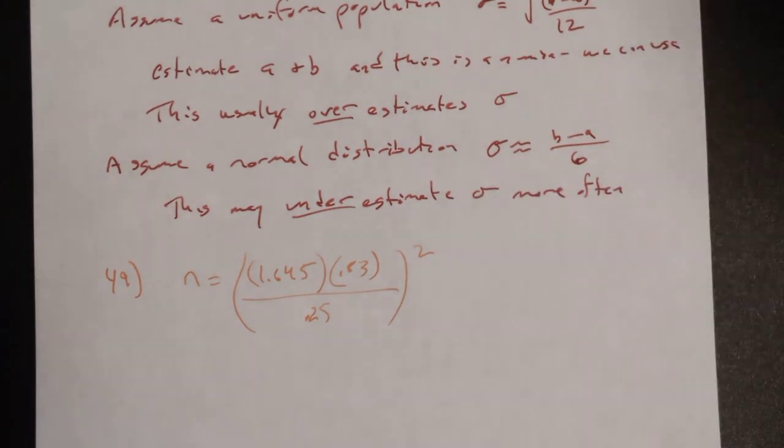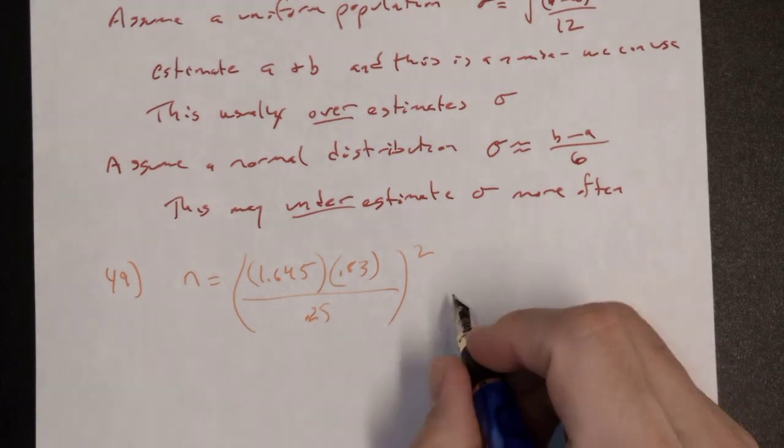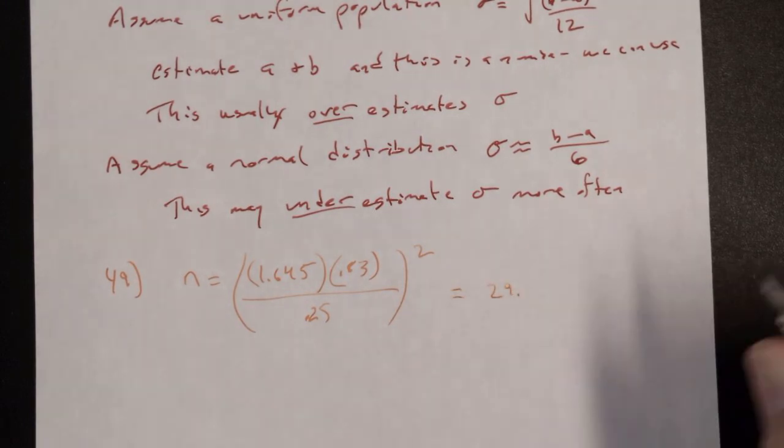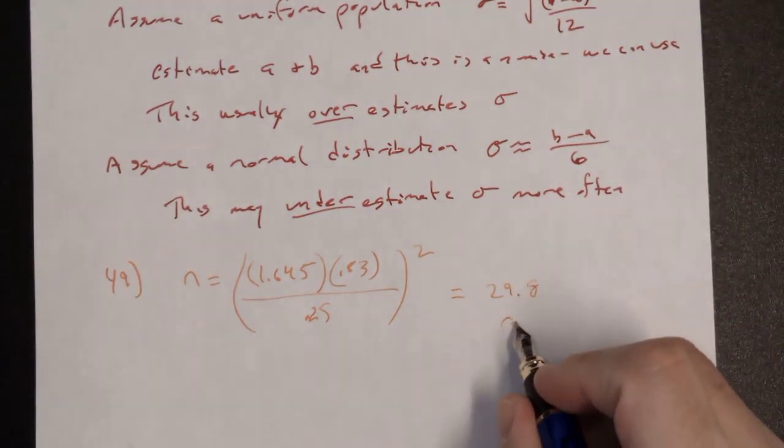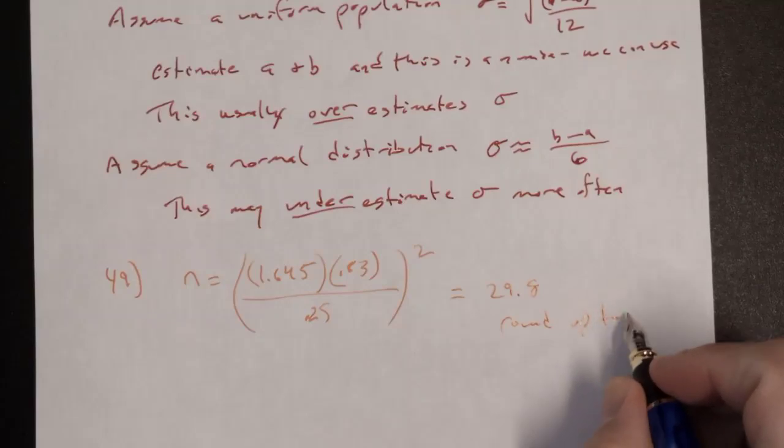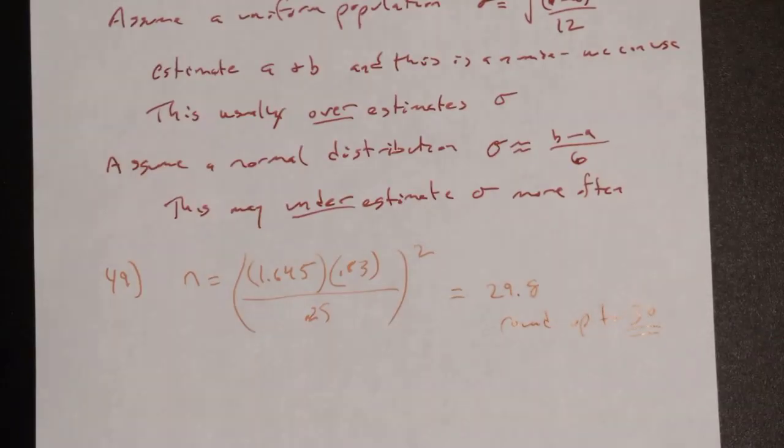So I should be doing 30 people. By the way, if you were to use 0.833333, more threes, instead of 0.83, then this number would be 30.01, and you round up to 31.